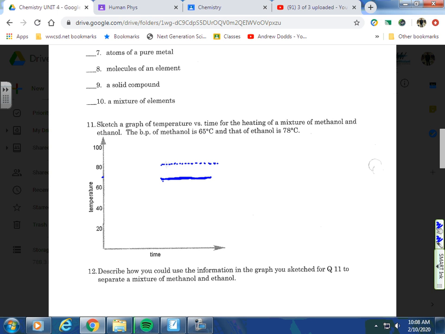And so we're heating this substance up. Originally it was a lower temperature. So this would be ethanol here. This would be methanol here. They could continue on up, whatever. The main idea, though, is just the flat spot shows the boiling point. So one's at 65 and the other is at 78.